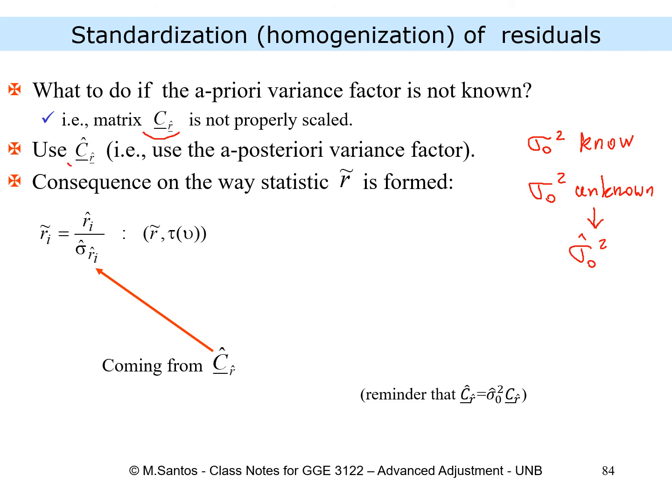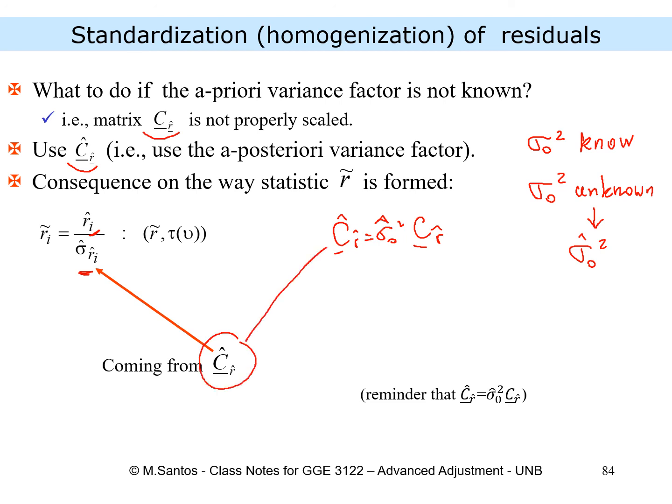We need to scale it, and we do the scaling again using the a posteriori variance factor. Now the standardization is done by the ratio of each individual residual to its standard deviation from the scaled covariance matrix of the residuals.